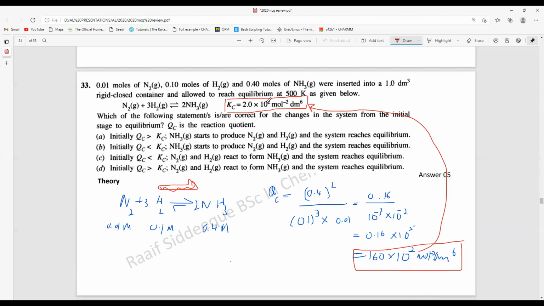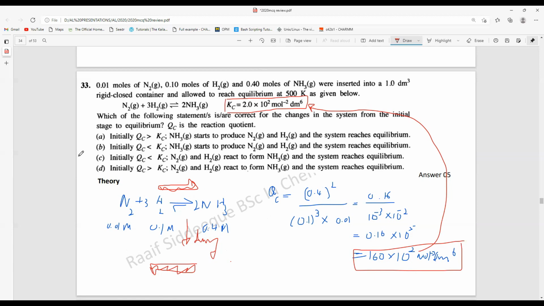However, during the equilibration this value is decreasing from 160 to 2, which means the equilibrium is shifted more towards the left-hand side, giving more and more hydrogen and nitrogen from ammonia. And finally, it will reach equilibrium.